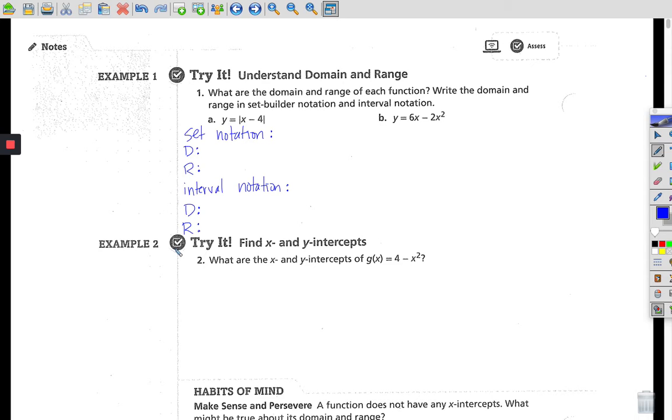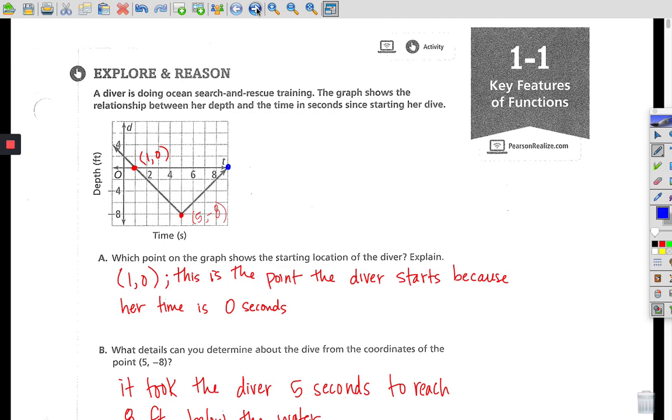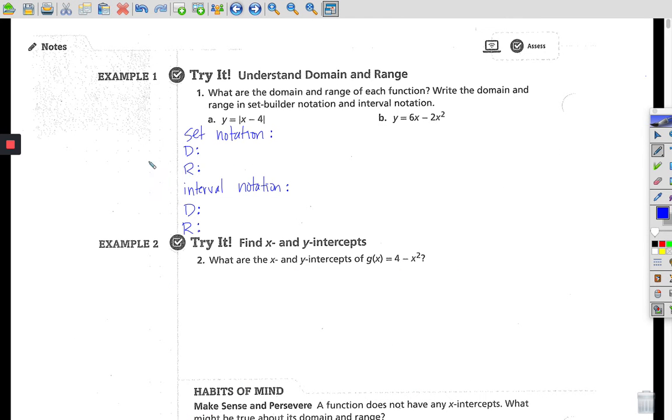Any absolute value graph that we have, your domain is always going to be from -infinity to +infinity, which, remember, I said I write it as all real numbers. You may or may not remember the sign, but that is from -infinity to +infinity. All real numbers.